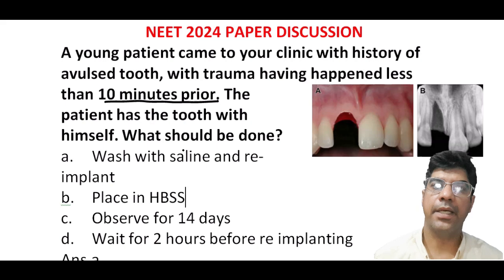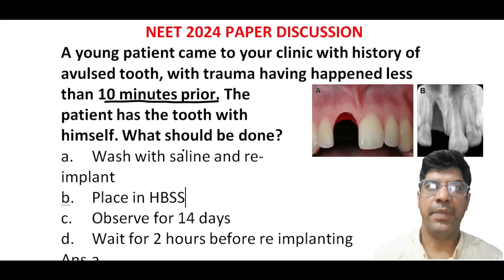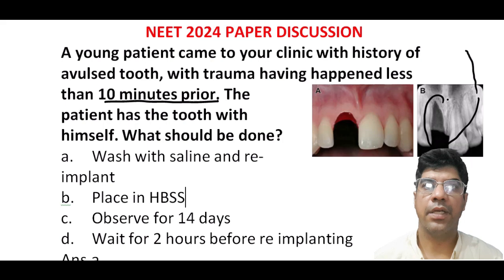A young patient has come to the clinic with the avulsed tooth. So that means that this tooth has been completely knocked out of its socket. That happens due to the trauma.